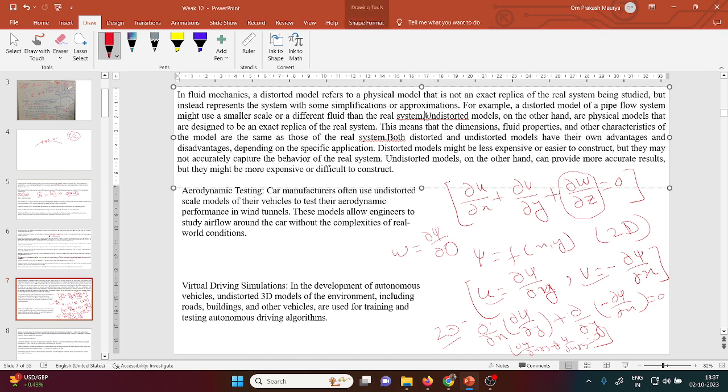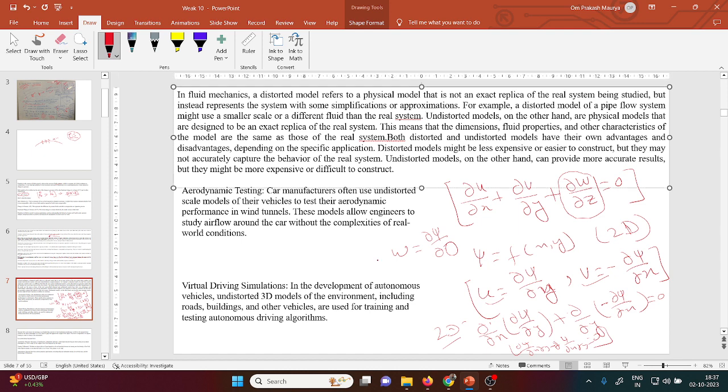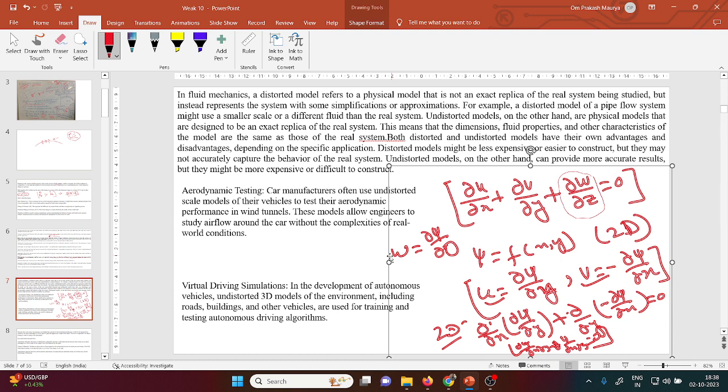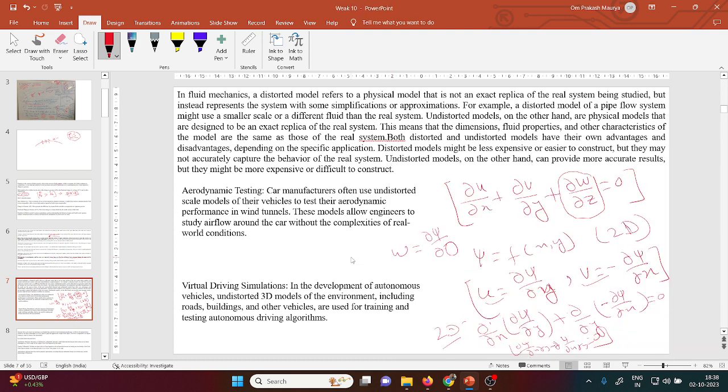Let's say your car is there, this is the actual car, and this is the model car.